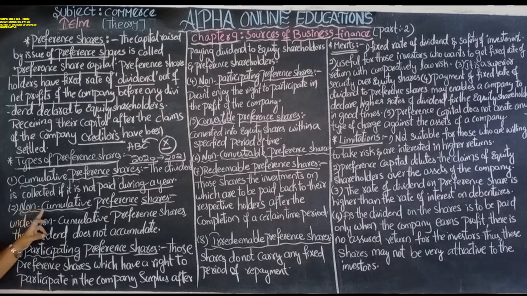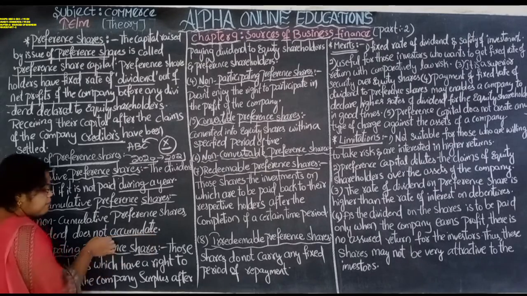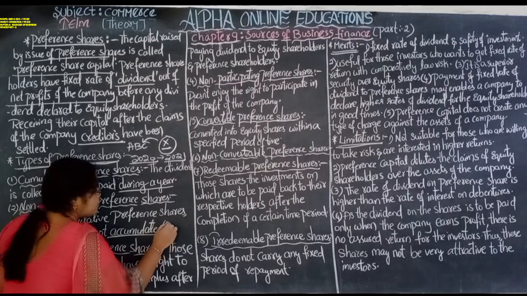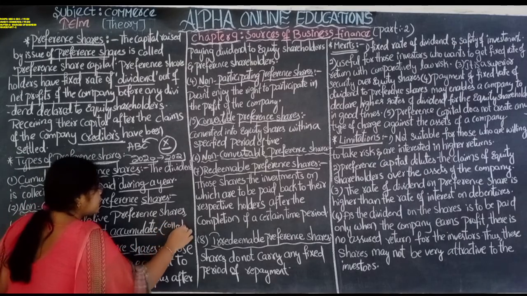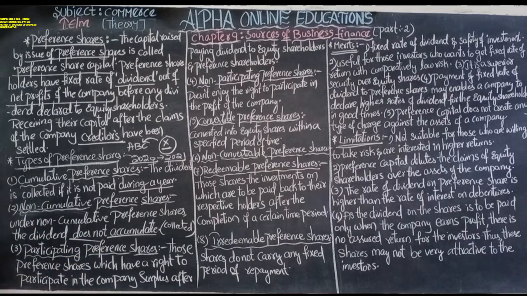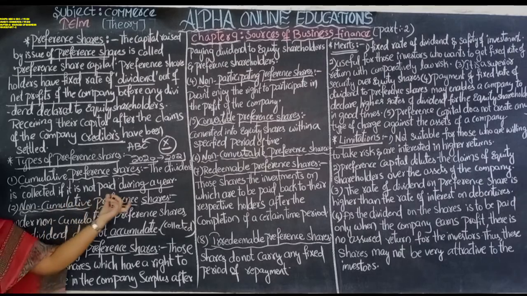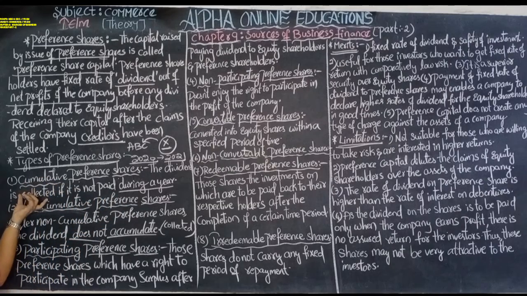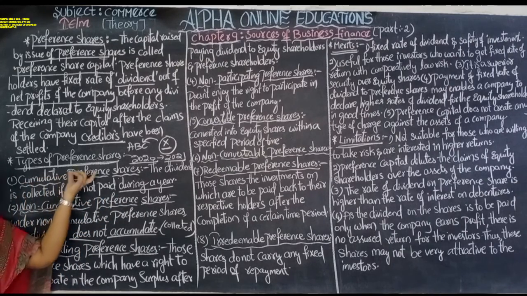Next, non-cumulative preference shares. Under non-cumulative preference shares, the dividend does not accumulate. Accumulated means collected. The dividend is not collected under non-cumulative preference shares, whereas it is collected under cumulative preference shares.